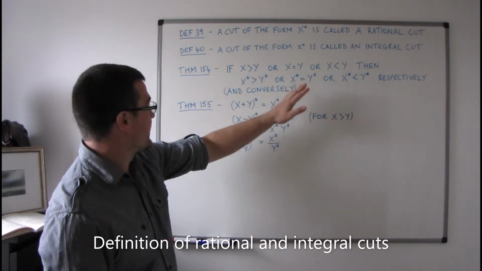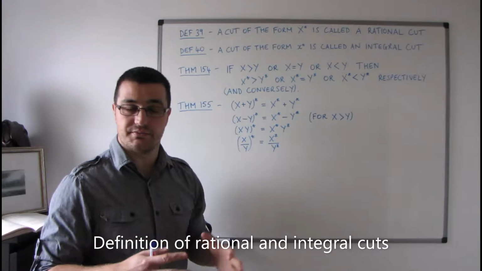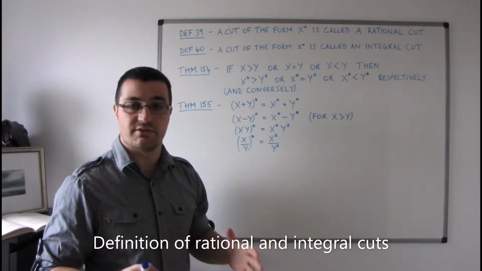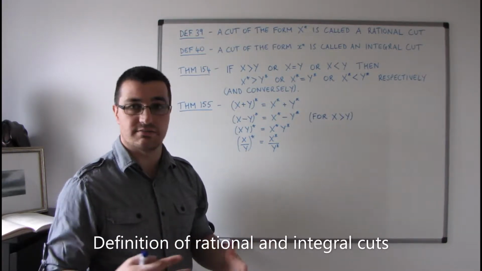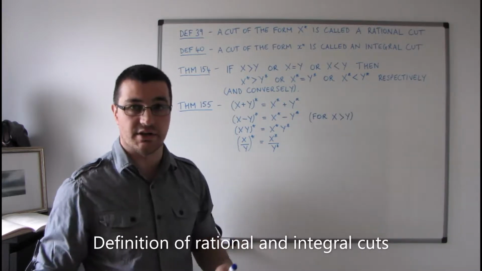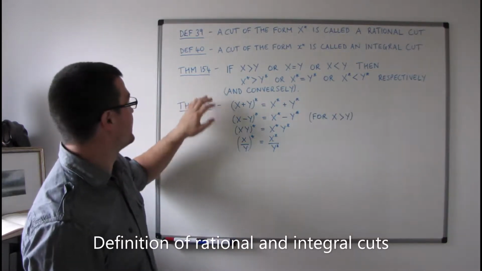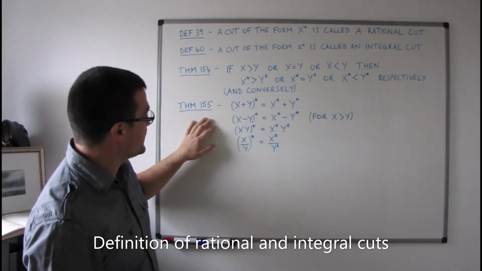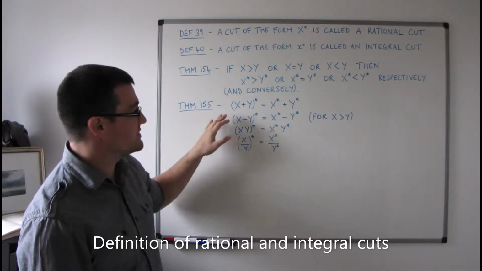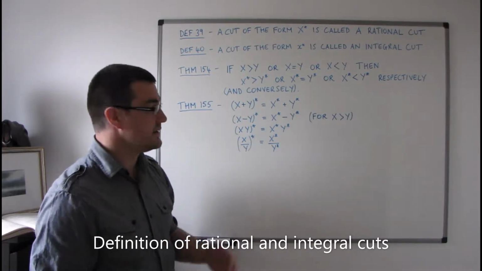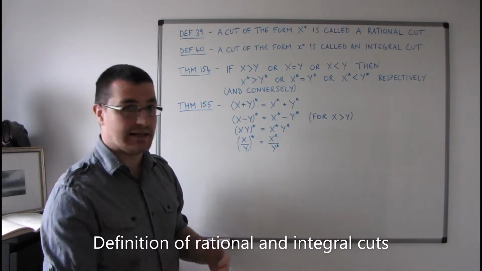So I'm not going to prove that. I've got a couple of theorems that I'm wanting to go through in some depth in this video, but this is not one of them. Theorem 155 again just gives some relationships between rational numbers and cuts.